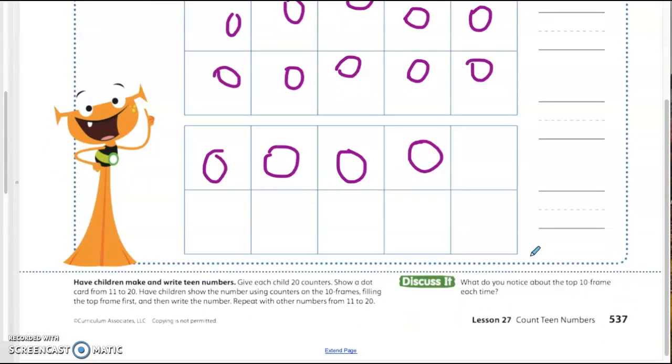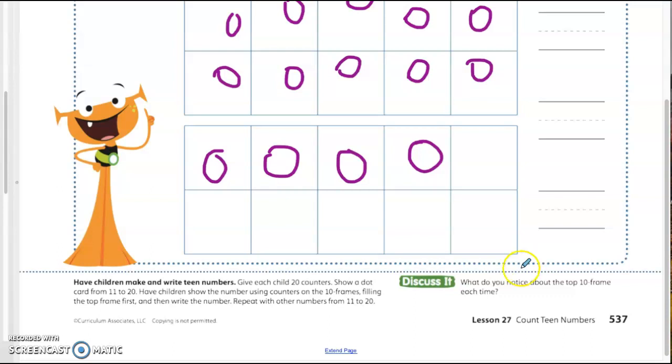So this says, if you're at home and you have counters, a couple of ways you can practice is fill your 10 chart and then add more to your second 10 chart to get a teen number. So anything from 11 to 20. It says, show a dot card from 11 to 20. Have children show the number using counters on the 10 frame, filling the top 10 frame first, and then write the number.